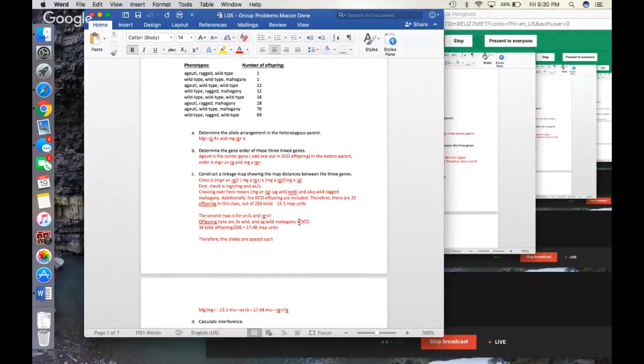And then for our linkage map, the numbers are going to come out to 13.1 MUs between the mahogany and the agouti. And then for the agouti and ragged, we're going to have 17.5.